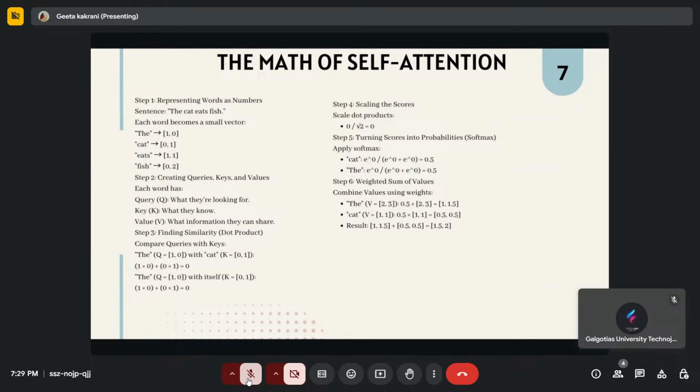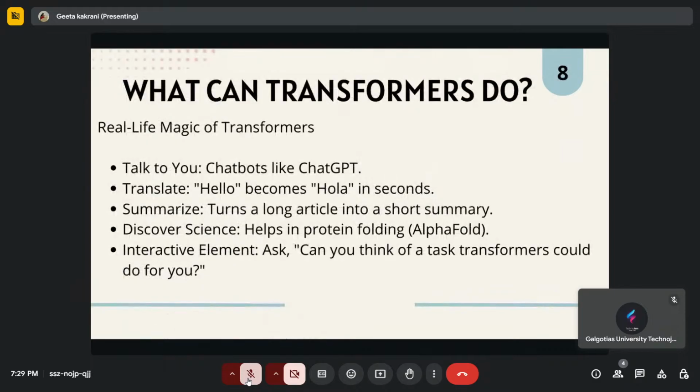With the help of this system, we get the prediction, give you the answer and perform according to your query. These are some applications which can use the transformer. Like we can create a chatbot like ChatGPT, do translation, summarize, and other things.